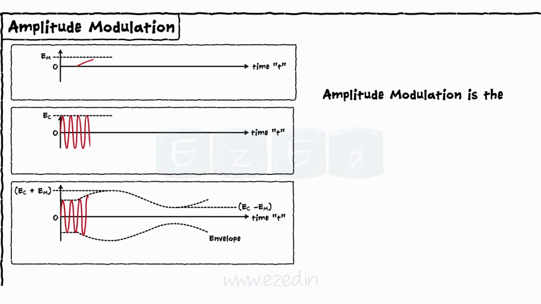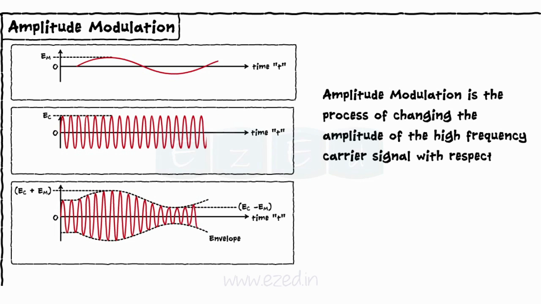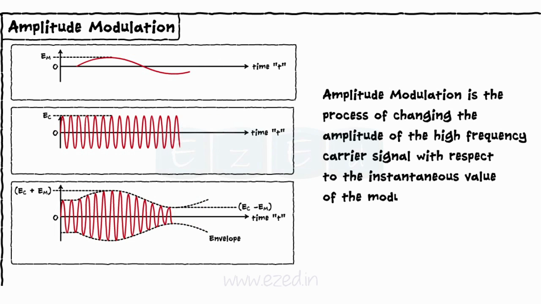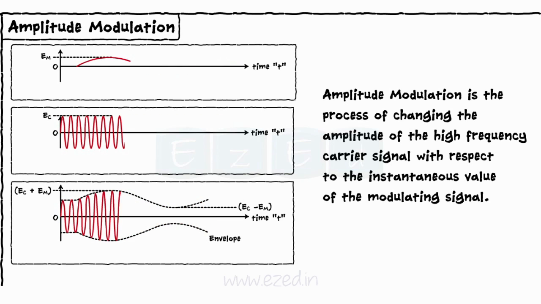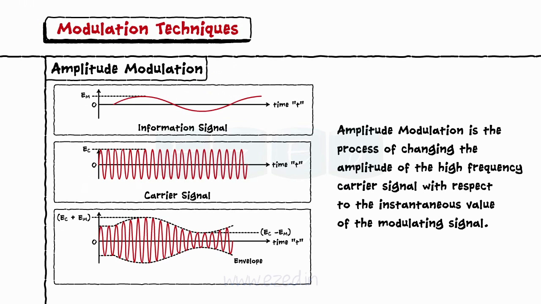Amplitude modulation is the process of changing the amplitude of the high frequency carrier signal with respect to the instantaneous value of the modulating signal. Shown in the diagram below, first is the modulating signal, that is the information signal. Second is the high frequency carrier signal. And third is the modulated signal.